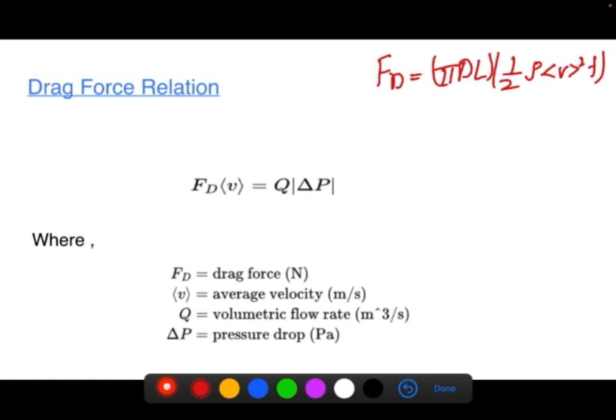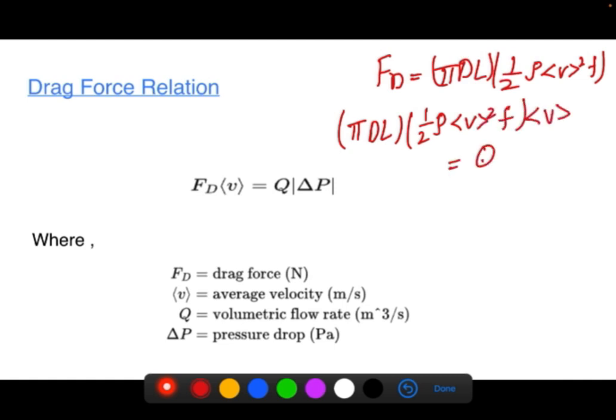So this would give us the equation: pi d L into half rho v square f into v equals Q into delta P.